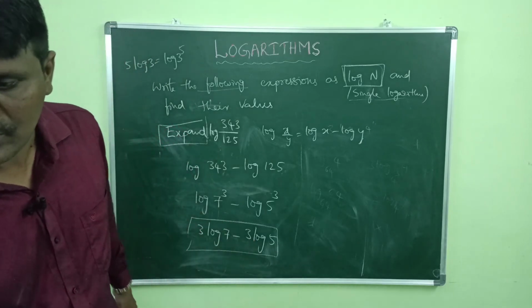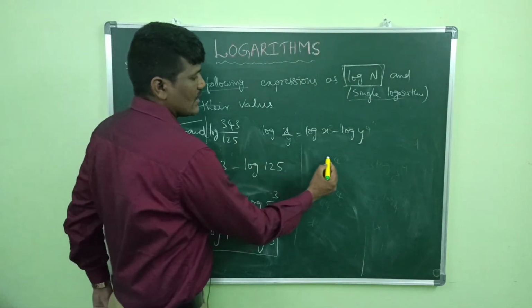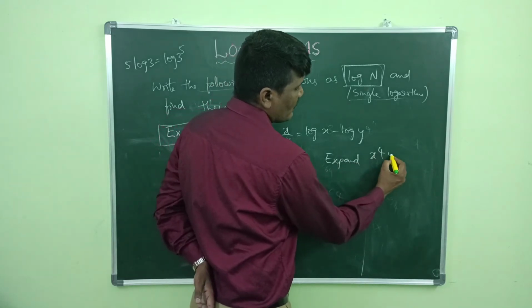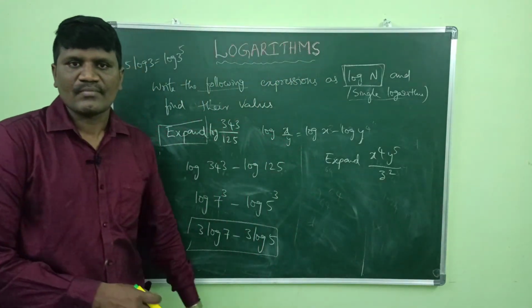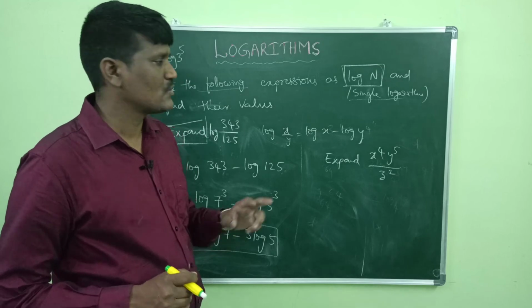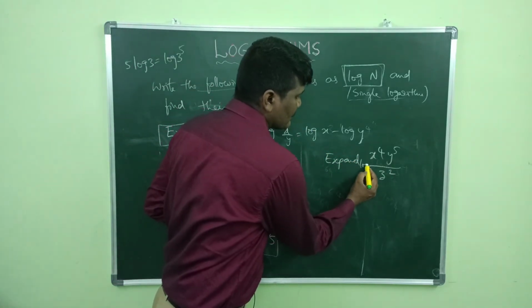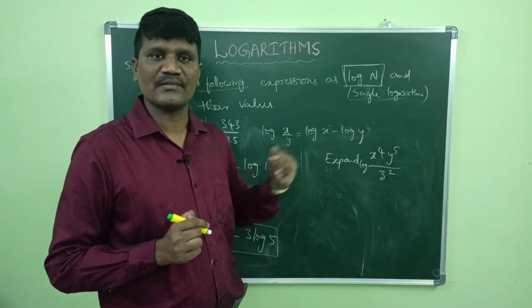Let us see one more problem based on this expansion only. Suppose they give a question like this: expand x power 4 y power 5 by z square. How to do it? You know that x by y means a division, so log x by y is nothing but log x minus log y.